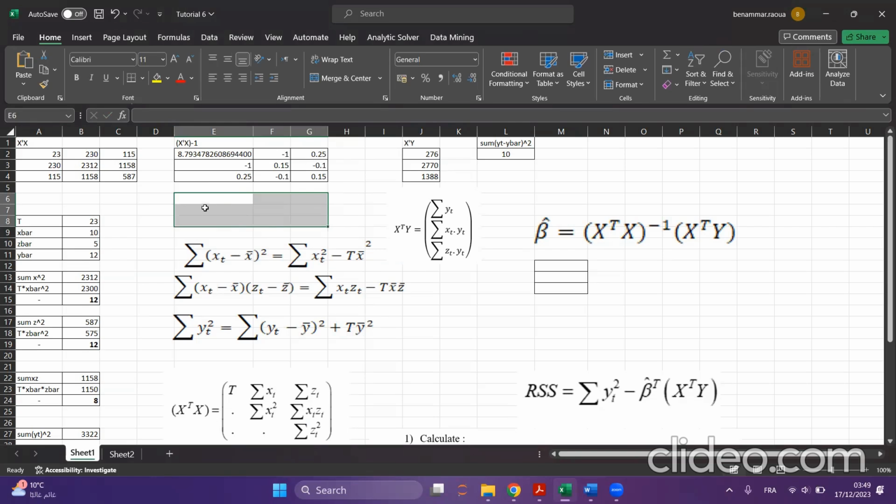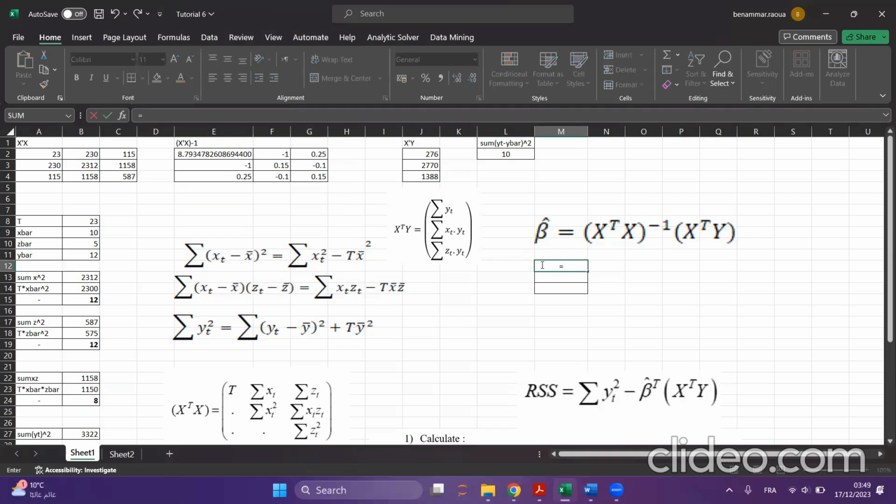Okay, so we're going to be multiplying XTX inverse by XTY. When we're calculating the product of two matrices, we do row by column.